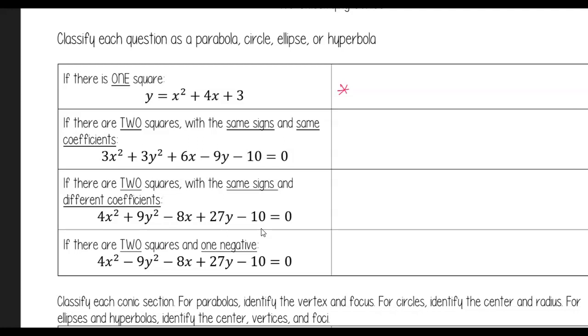In the equation, if there's only one square, what shape is this? It is a parabola.